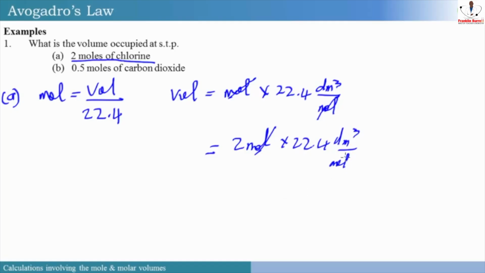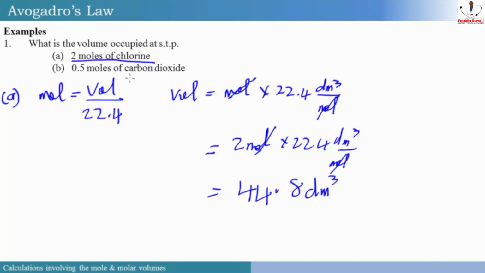So mole will cancel mole. This will give us a value of 44.8 dm cube. So the volume occupied by 2 moles of chlorine is 44.8 dm cube.